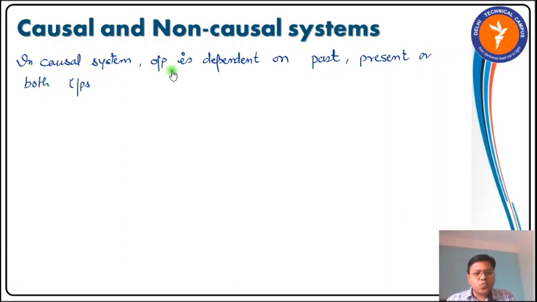That is, the output now will be dependent on either the past only, or the present only, or on past and present inputs only.